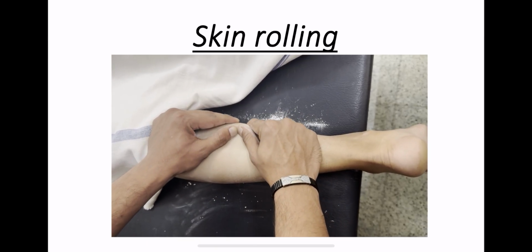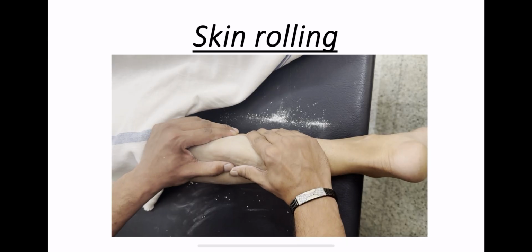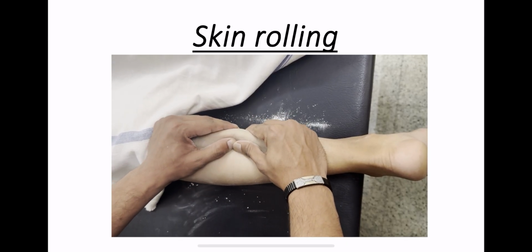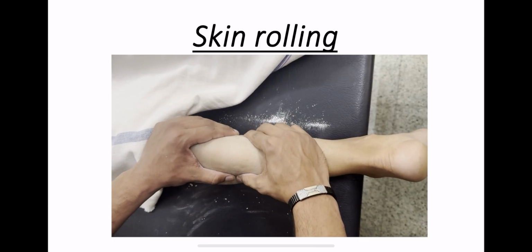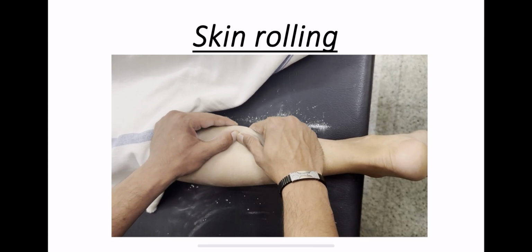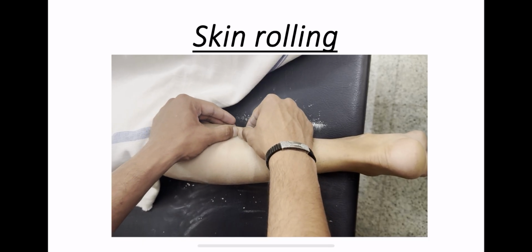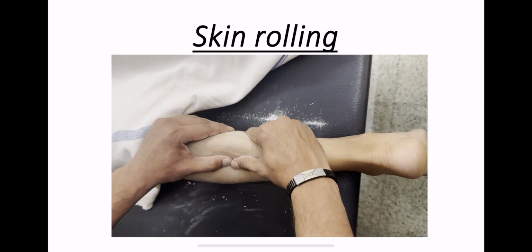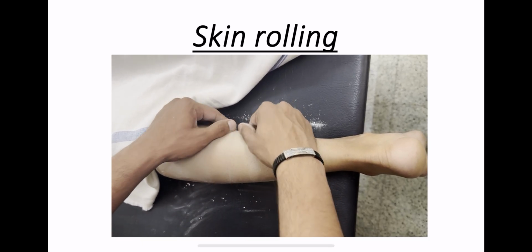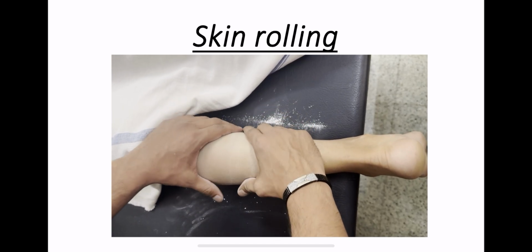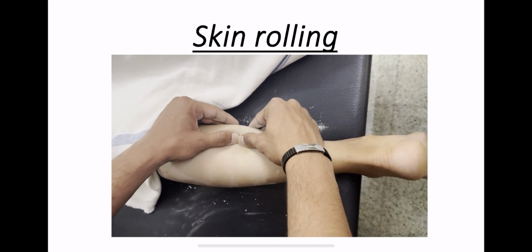The coordination of finger and thumb motion lifts off a roll of skin from the underlying structure. Next, the palm is gradually lifted off the skin so that the lifted roll of skin remains between the tips of the finger and thumb. Then the thumbs are moved forward to roll the lifted skin against the fingers.